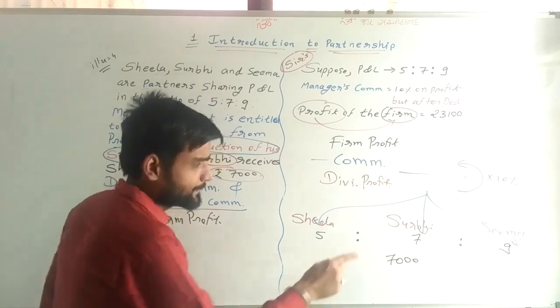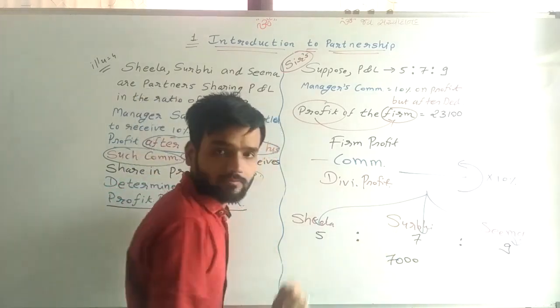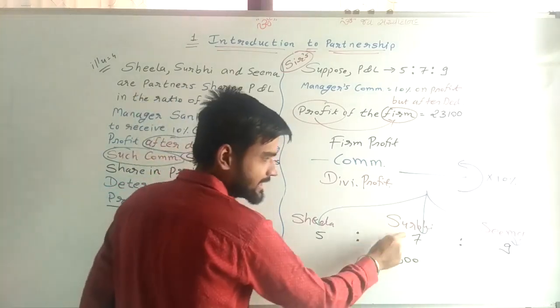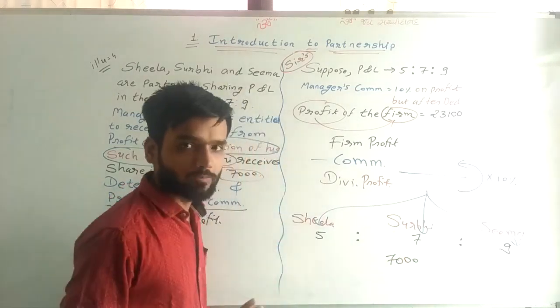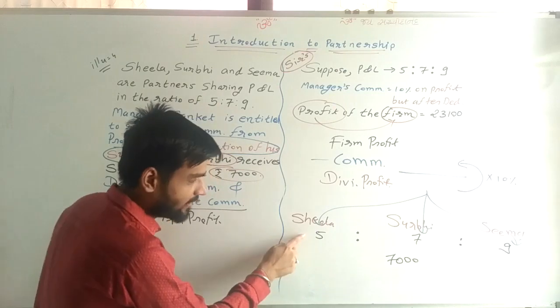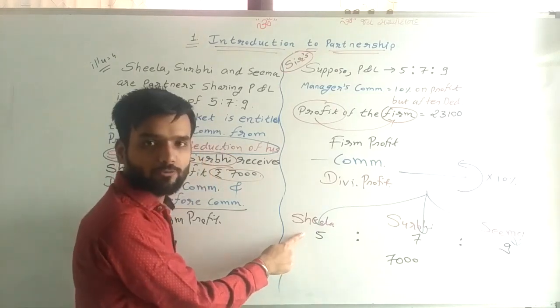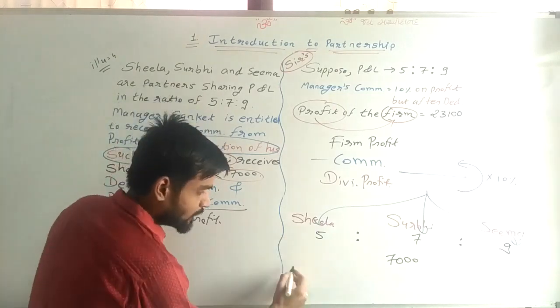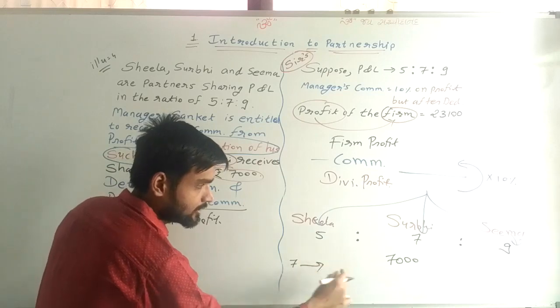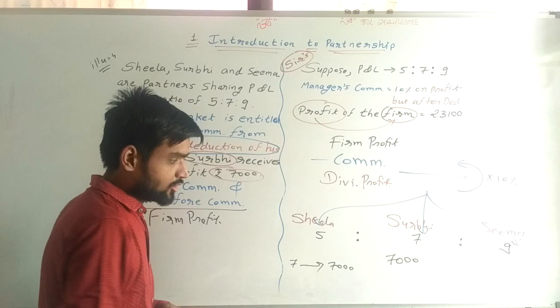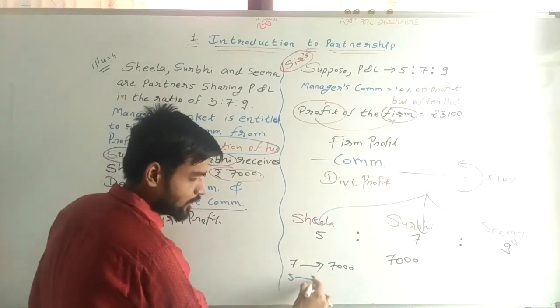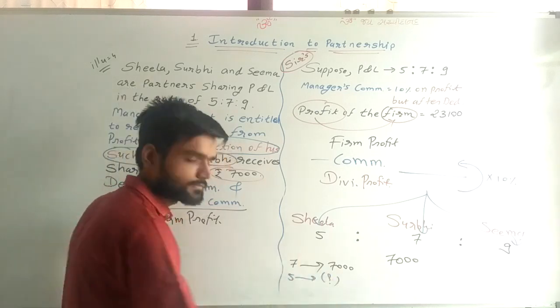We can say Surbhi gets 7 portions, and for those 7 portions her profit is 7,000 rupees. So we can find the profit for Sheila also. For 7, Surbhi's profit is 7,000. So for 5, what is Sheila's profit?